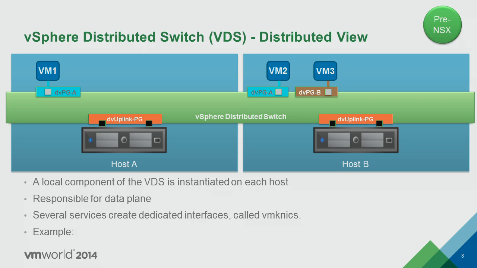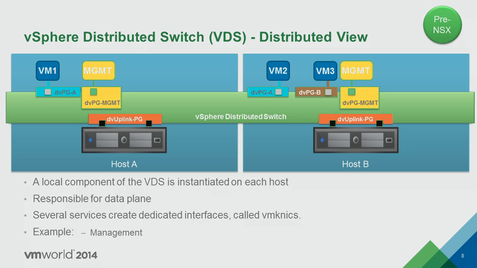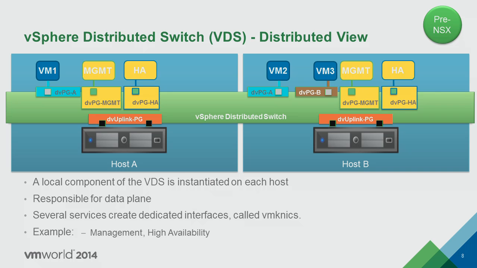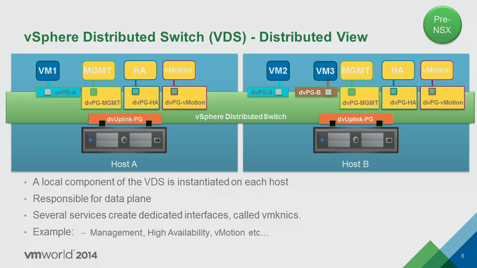There is more than virtual machines that need to send traffic to the network. We also have some kernel services. Here I've represented management, HA and vMotion, but we have several others that you probably know. Those are kernel services. They have what we call a vmknic, and they also connect to a DV port in order to exchange their information with their peers.